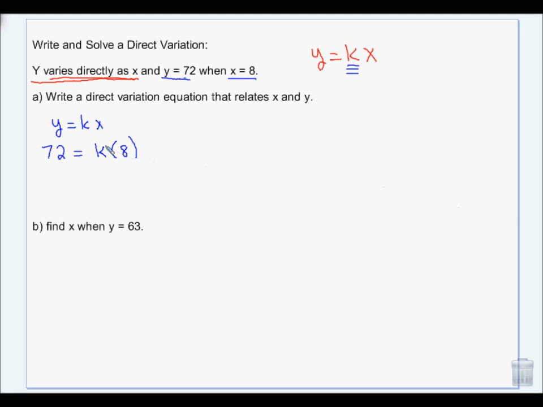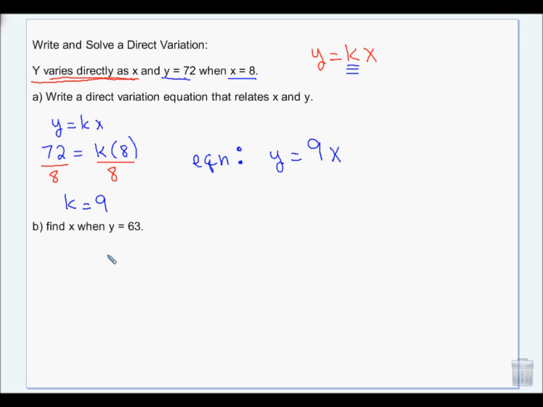To find out what k equals, I'm going to divide both sides by 8. 72 divided by 8 is 9, so k equals 9. Then I put that k right here, so my equation is y equals 9x.